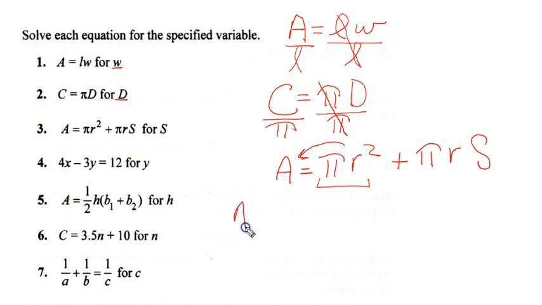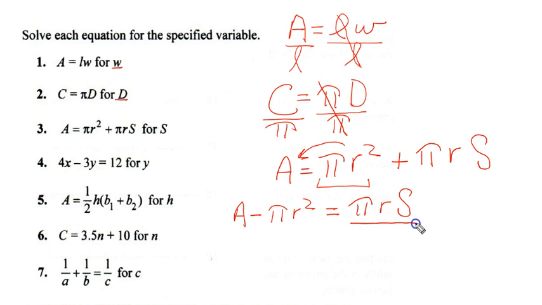So we're going to take this term and transpose it. So it now becomes a minus, as we transpose this term to the other side, pi r squared equals pi r capital S. So we've isolated the term that contains the s.